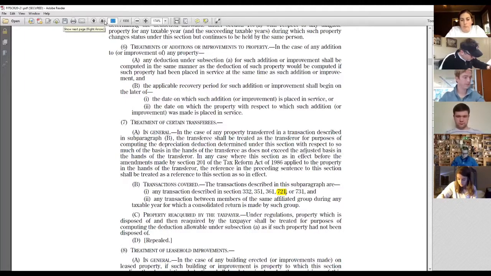So that's found in, remember our good friend, 1.704-1(b)(2)(iv), which is our capital account maintenance rules.